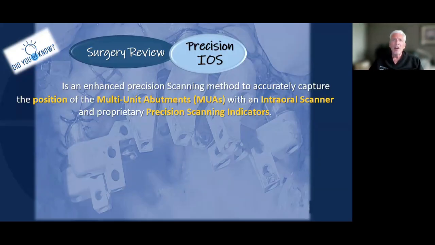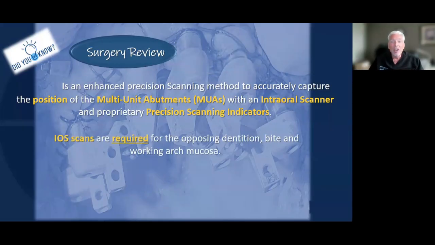So there are specific brands and designs for these precision scanning indicators, as I like to refer to them. iOS scans are required to capture the opposing information, opposing dentition, the bite, and of course the opposing arch and working arch mucosa. Within National Dentex we utilize a terminology that's been trademarked, simply iOS. So it's the same kind of concept.